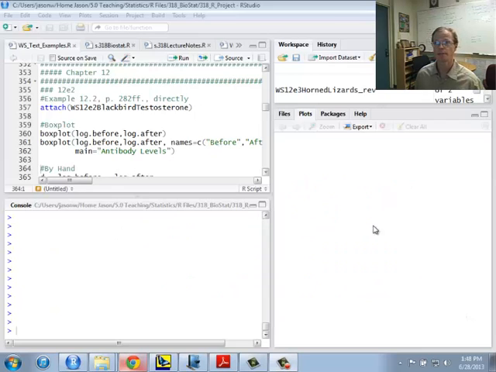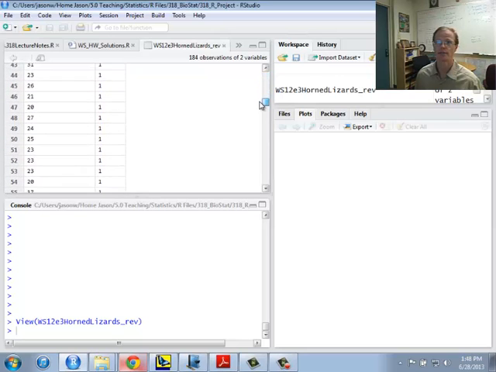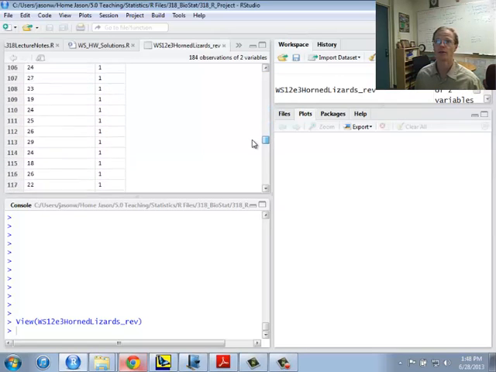Again, before we analyze the data, we always want to look at the descriptive statistics. So for the horned lizards, the structure looks like this. I've got squamosal.horn.length, and then survive. Let's see what is going on with that. There's a 1 all the way up through.